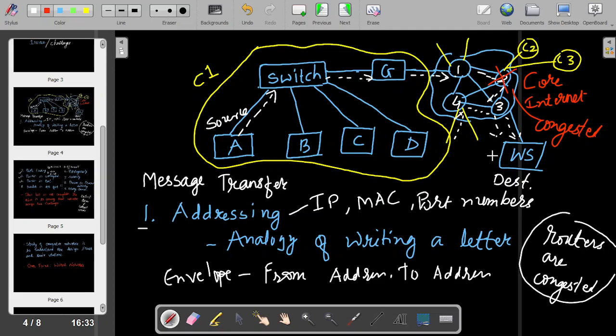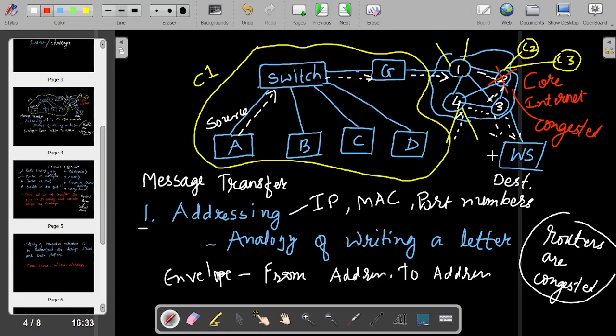There are also algorithms which detect and correct congestion. As I said, due to congestion, packet loss has occurred. So we also need to detect whether the internet is congested or not congested.